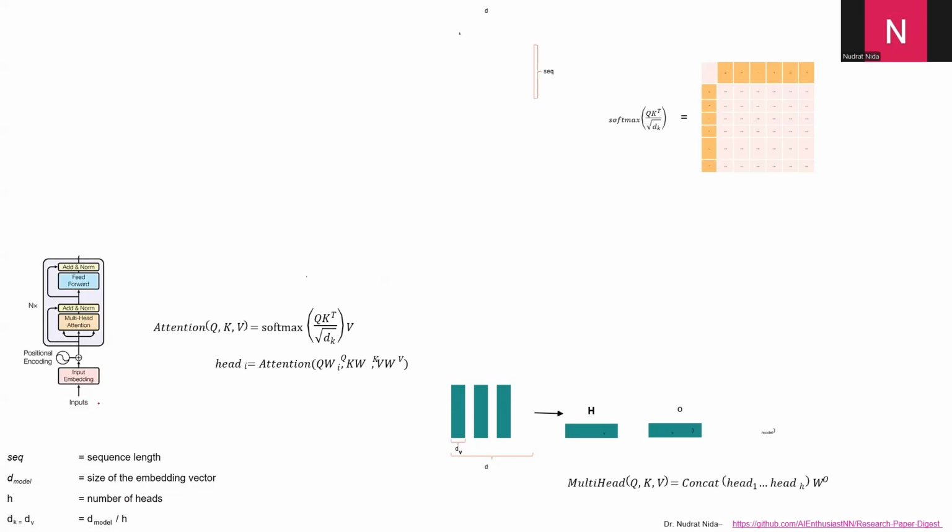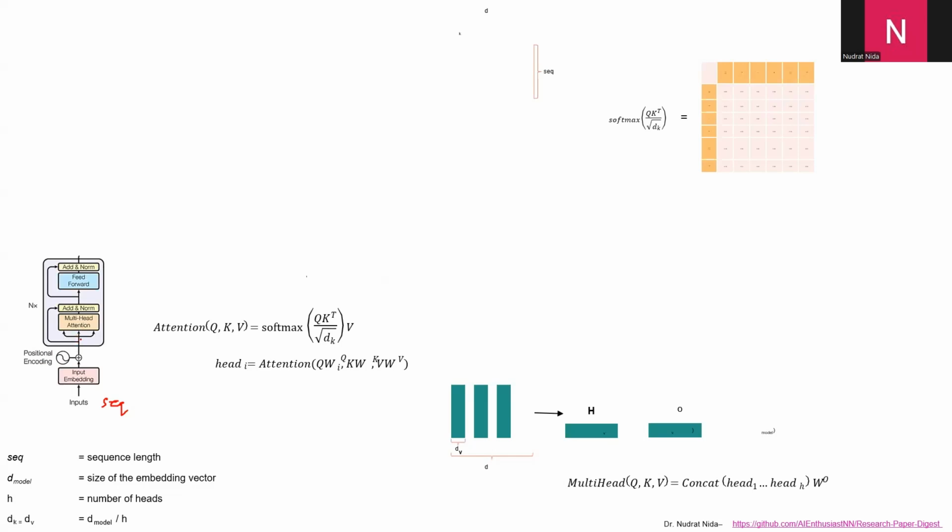So this input, for example this sentence sequence, is moved towards finding the vector embedding, and then these vocabulary IDs are converted into embeddings and added with positional encoding. So this input is replicated and fed to multi-head attention.